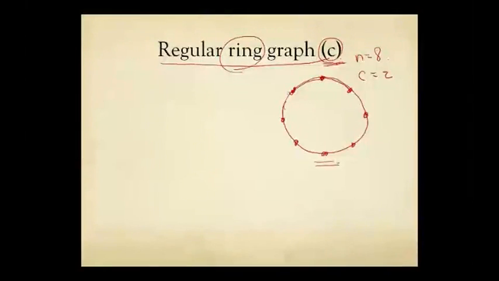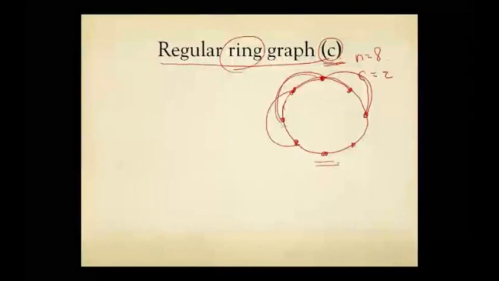I can add a few more. Say let's make c an even number. I can also connect to 2-hop neighbors now. So there's a direct link going out over there now. Similarly, I'll add all these.